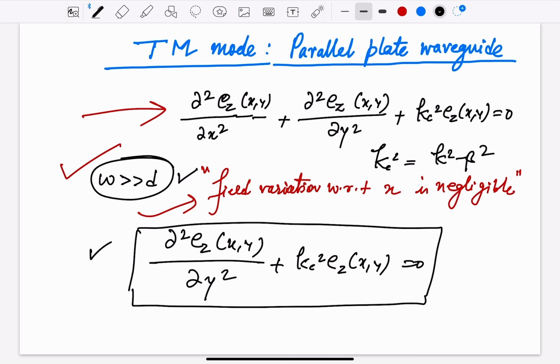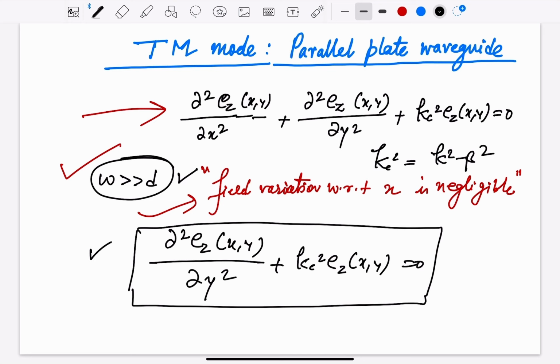Okay, now let us recall another boundary condition, which is Ex at y equal to d. In this case B is already 0, so you can remove this one, and you are left with A sine kc y. So how can we write this? A sine kc d, and of course e to the power minus j beta z, and this is supposed to be 0.